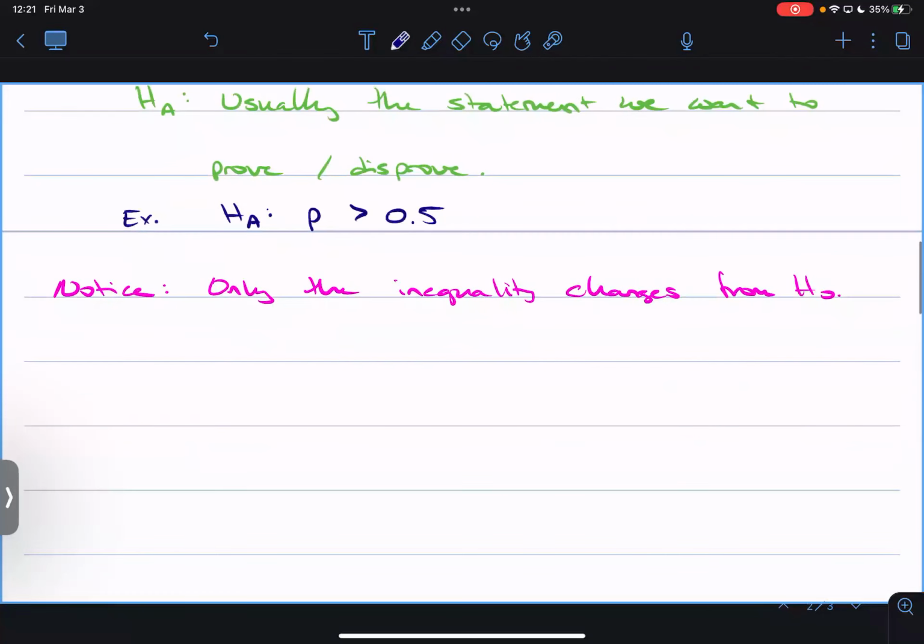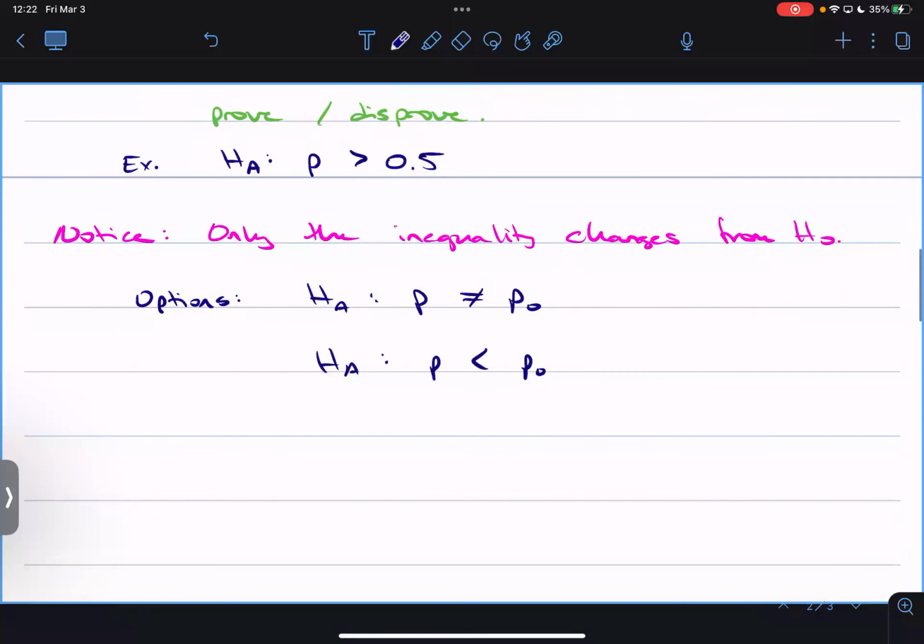We're going to have some options. HA is that P is not equal to, and I'm going to use that generic P naught, where if we have a naught on a parameter, it's usually just a placeholder for a number. So P is not equal to P naught, P is not equal to 0.5. Or P is less than P naught, or P is greater than P naught.